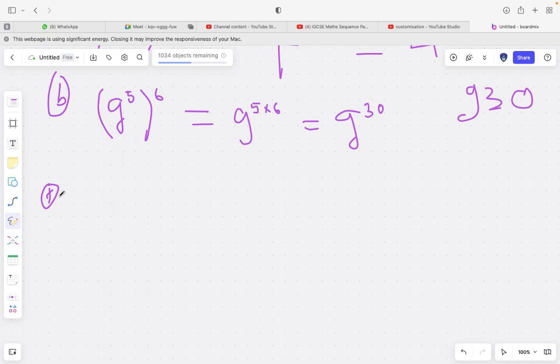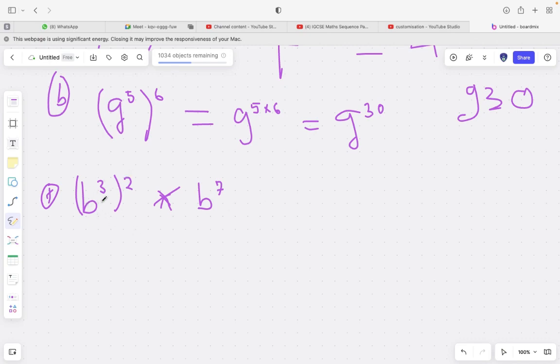Let's say we have b to the power of 3, then bracket, power 2 outside, times b to the power of 7. Because in indices, they might combine the laws for you. It's about how quickly you recognize them, so that you will be able to simplify the problem as quickly as possible.